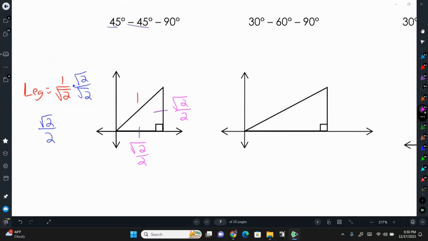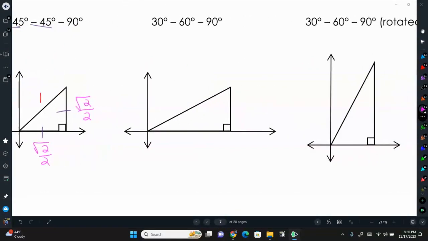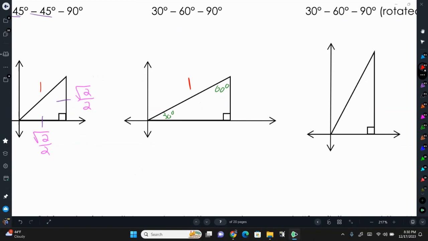Then we have the 30, 60, 90 triangle. Well, in a 30, 60, 90 triangle, this is 30 degrees, this is 60 degrees. And again, our hypotenuse is 1. And the rule for the 30, 60, 90 triangle was that the side across from the 30-degree angle was 1/2 of the hypotenuse.